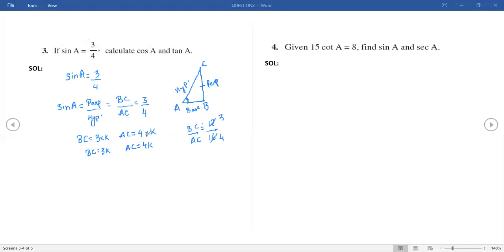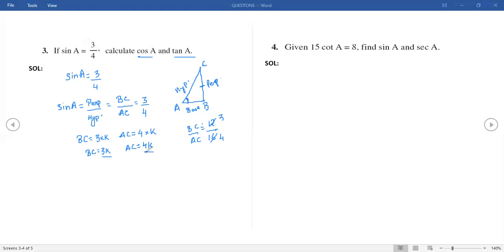If you take 3 and 4 also, because for cos A and tan A we are going to find the ratio, it will not affect your answer. But for school purposes and the teachers checking your mark sheets, and conceptually as well, it's always better to take BC as 3k and AC as 4k to be on the safe side.